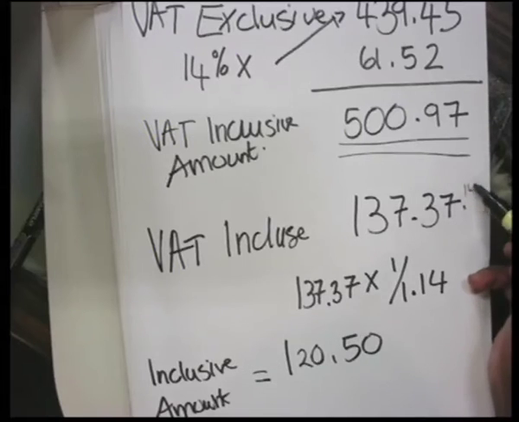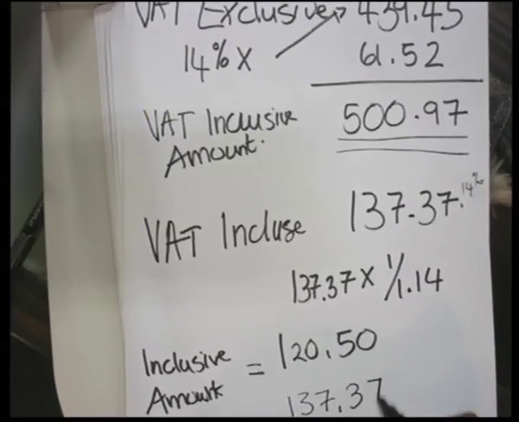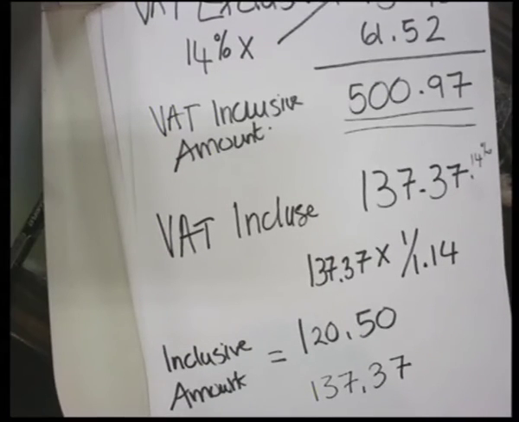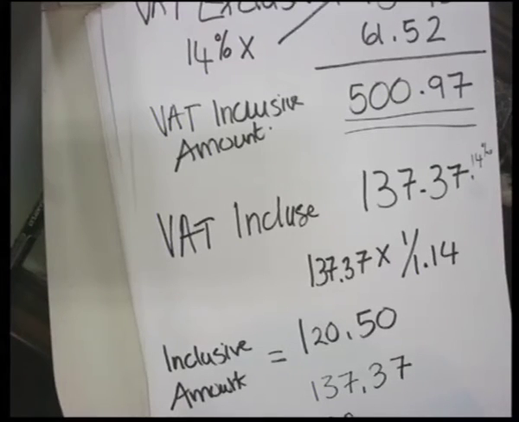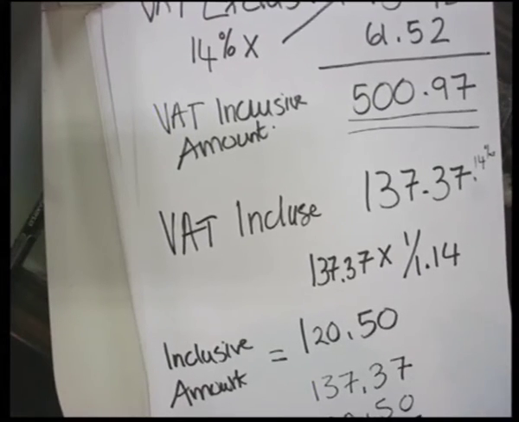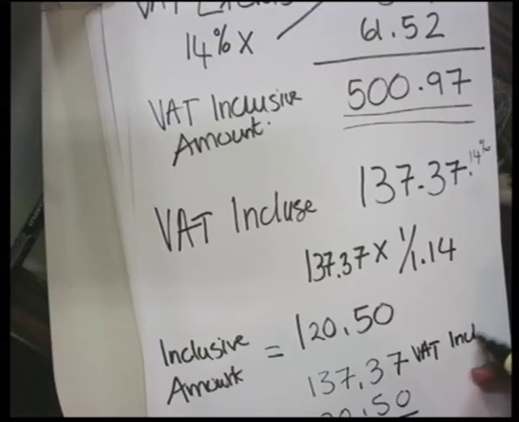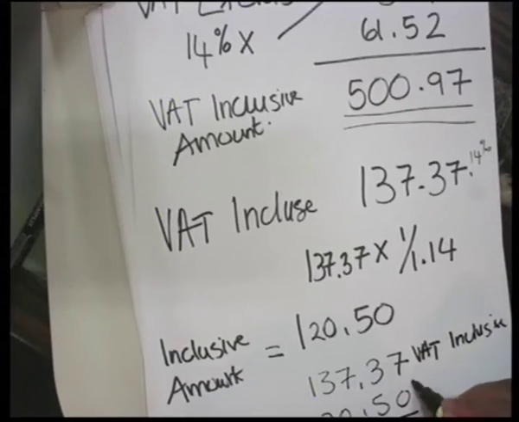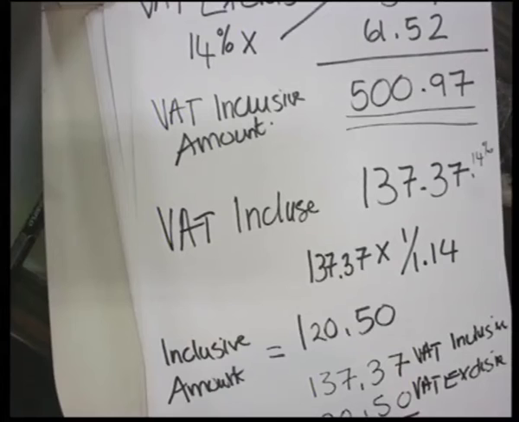If you want to get what the VAT is, you will say your VAT inclusive amount, because this amount includes your 14% VAT, 137.37 less your VAT exclusive amount. So this is VAT inclusive, this is VAT exclusive, and then you will get your VAT at 14%.